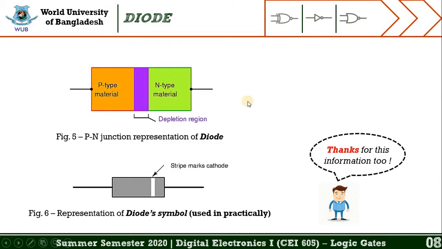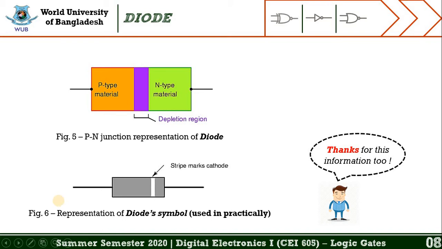From this slide we will learn the symbols of diodes. One is the p-n junction representation and the other is the practical diode symbol. We already learned the schematic symbol of a diode, and figure 5 represents the p-n junction representation of a diode. If you see, there are three regions: one region for p-type, the middle one for the depletion region, and the rightmost one for n-type material.